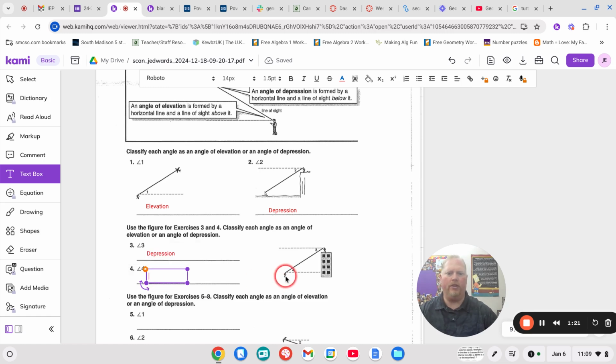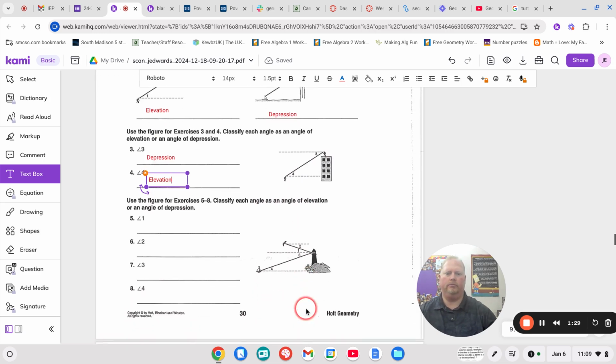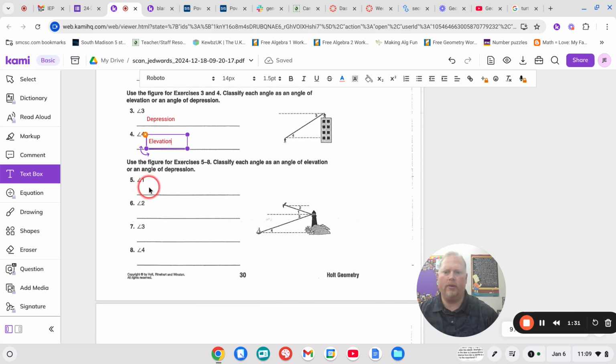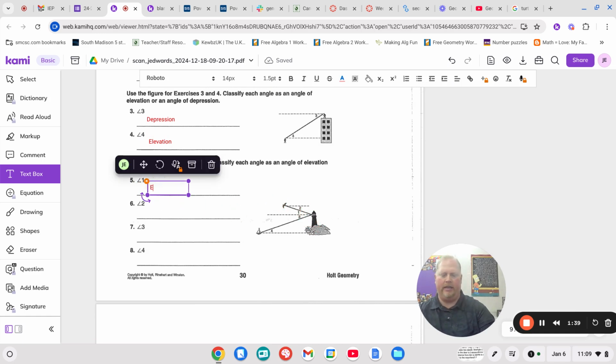And number 4, the dude at the bottom's looking at the dude at the top, so because he's looking up, that's elevation. And then angle 1, that's the lighthouse looking up at the bird, so looking up is elevation.